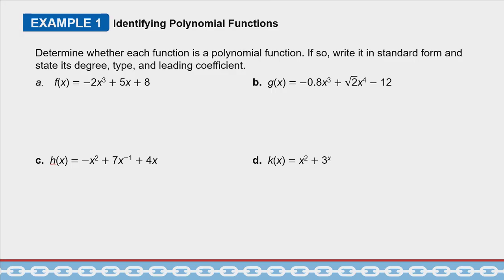So going forward, we need to write it in standard form. Well, it already is in standard form. Our exponents are in decreasing order going across from left to right. We need to tell its degree. This is a degree 3 because its highest exponent is 3. What type then is that? Well, that would be a cubic.